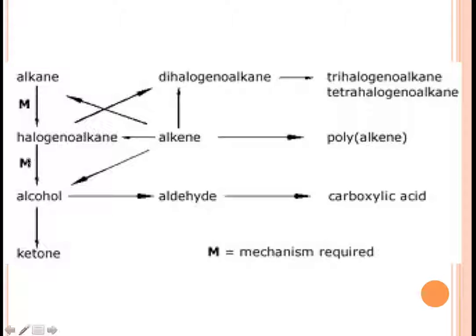You can then substitute that chloro group for an alkanol group, and you could then oxidize it in order to make a ketone. Of course, here we've made a secondary alcohol, which is why we're making a ketone rather than an aldehyde or a carboxylic acid. Okay? You know all of these steps individually, so now it's about putting these steps together to have the overall pathway to make the molecule that you are desiring.